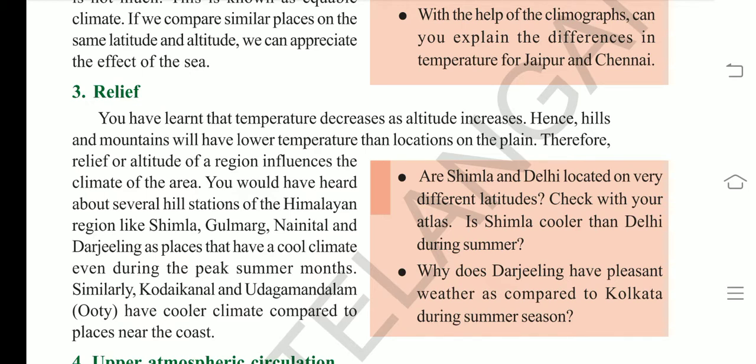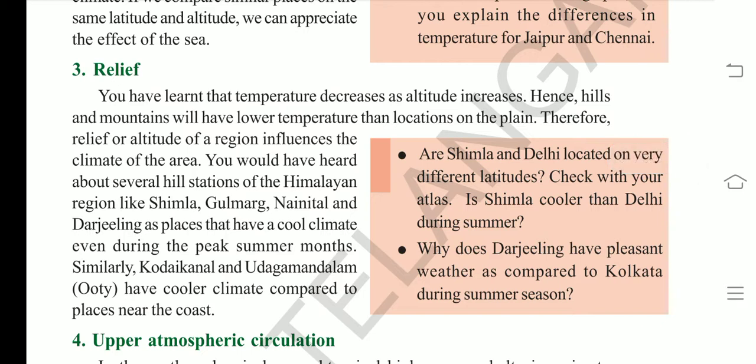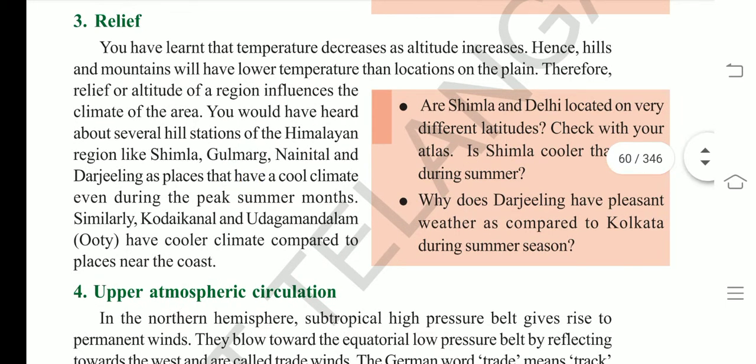Have you observed that several hill stations in Himalayan regions experience very cold climate? In the first chapter, we have studied Simla, Gulmarg, Nainital, Darjeeling. In southern India, Udagamandalam, that is Ooty, and Kodaikanal are places at a greater height. So there the temperature is very less.